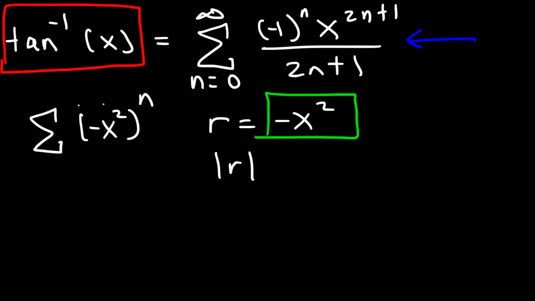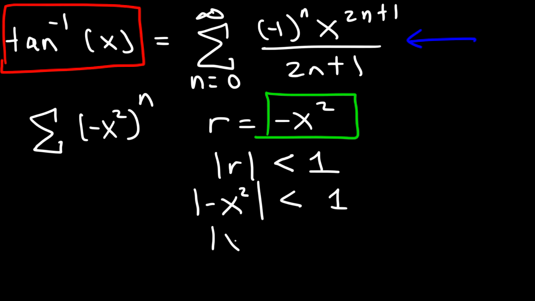Now, for the original geometric series, it's going to converge when the absolute value of r is less than 1, which means that the absolute value of negative x squared has to be less than 1. Negative x squared and positive x squared, when you take the absolute value of it, the results are the same. So thus we have this.